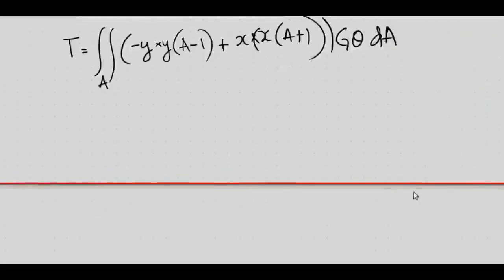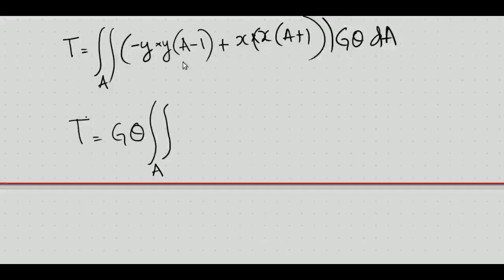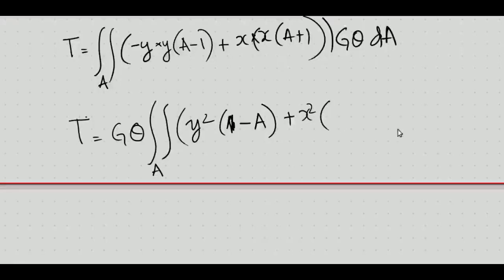Since G theta is constant, we can take it outside of the integral, and we can write this as the integral of y square into (a minus 1) plus x square into (1 plus a).